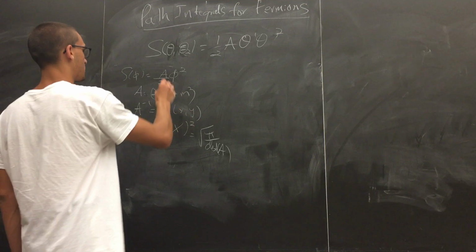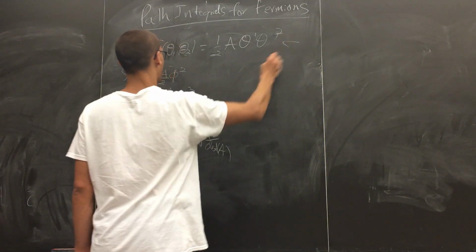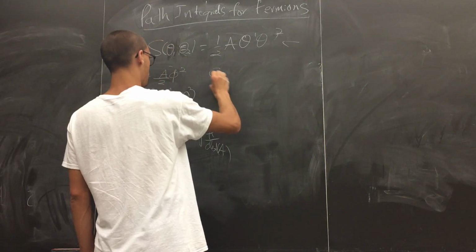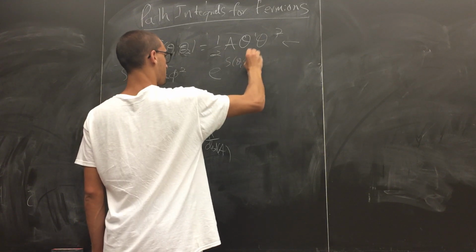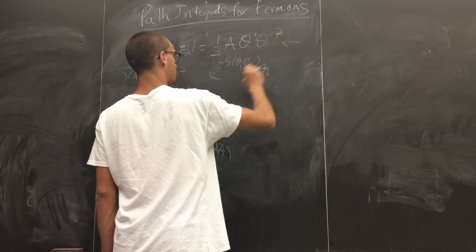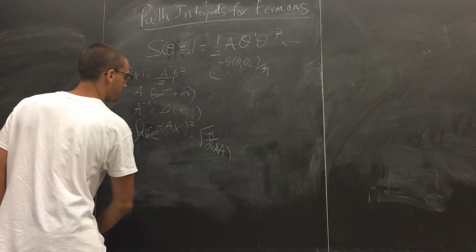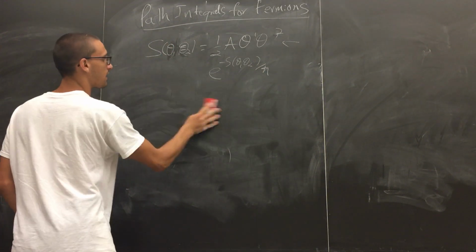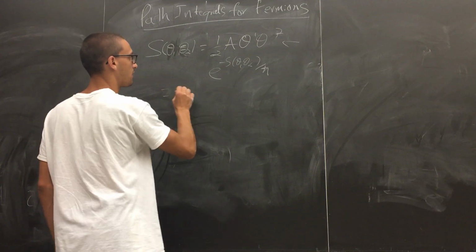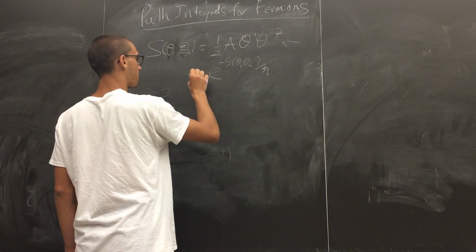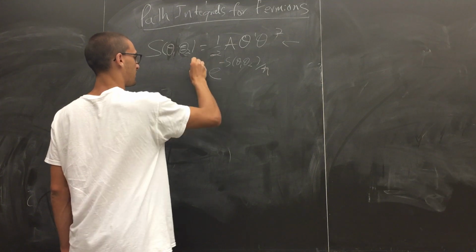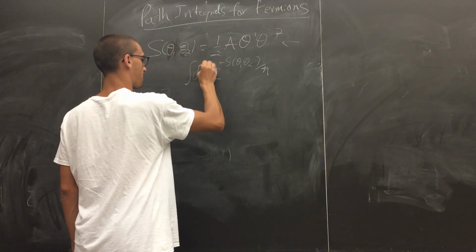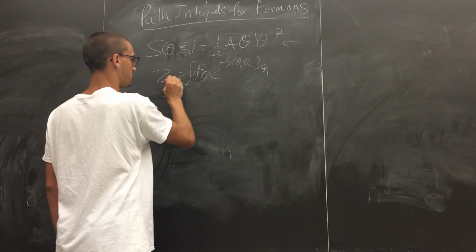So now we're going to turn back to the fermion case. Our path integral is e to the minus S of phi1, phi2 over h bar. And you see we can expand it. We integrate over all the fields, and we get the partition function.